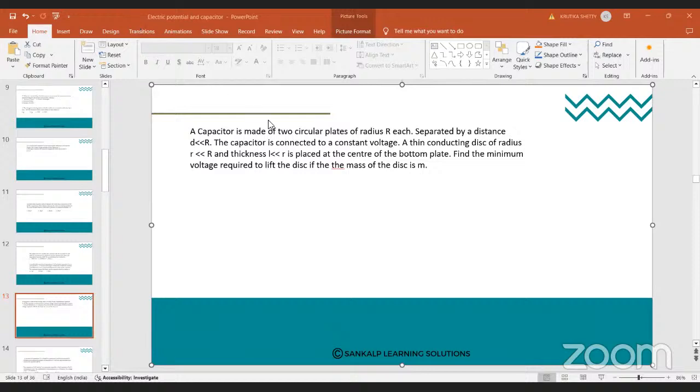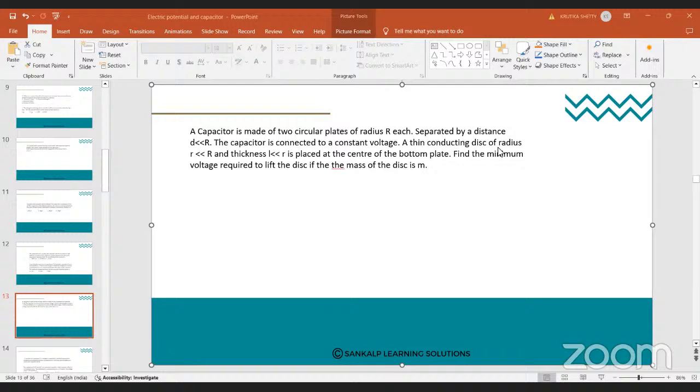A capacitor is made of two circular plates of radius r each, separated by a distance d is much less than r. The capacitor is connected to a constant voltage. Here the value of d is much less than the value of the r. That is, d is smaller than the radius. The capacitor is connected to a constant voltage.